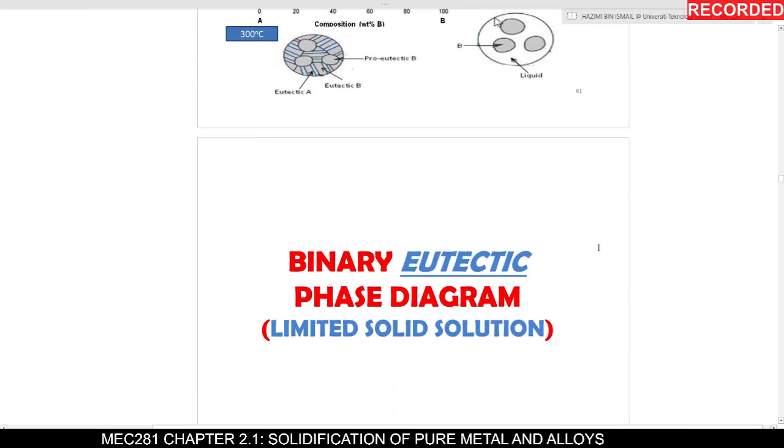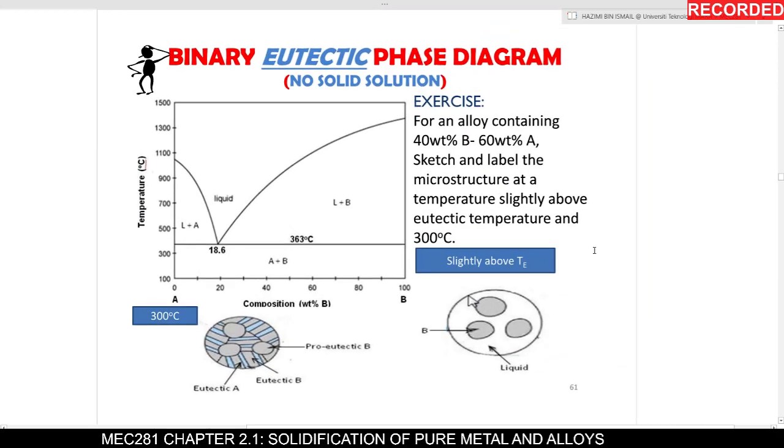Okay, so let's try another example here. For an alloy containing 40% B and 60% A. Okay, so this one is still the same point. Sketch and label the microstructure at a temperature slightly above, okay, one point here, and another one at 300 degrees Celsius.